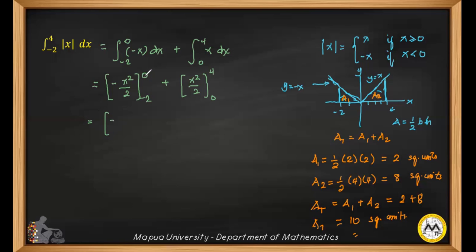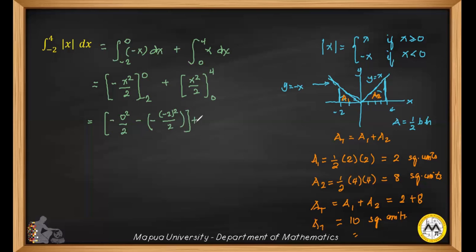When x is equal to the upper limit 0, then we will have 0 squared divided by 2 minus the value of the antiderivative -x squared over 2 at the lower limit -2. So minus negative 2 raised to the second power divided by 2.